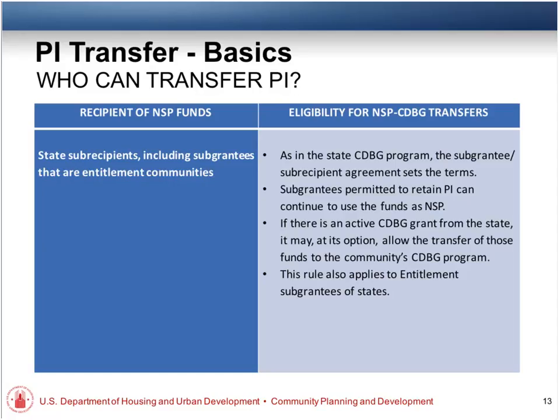If you want to transfer that program income in the revolving fund to the CDBG program, you're going to have to disband the revolving fund and move it to the CDBG program because revolving funds in regular state CDBG operate differently than the ones operating under that waiver that allows direct funding of projects in NSP.